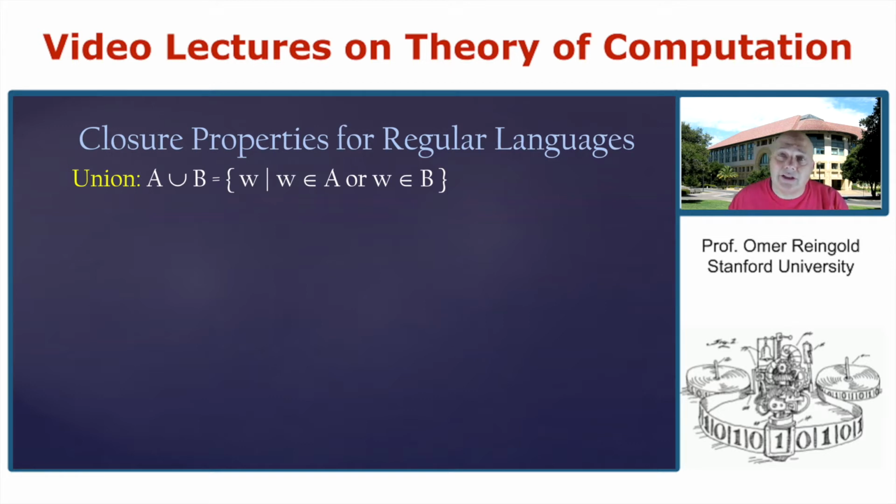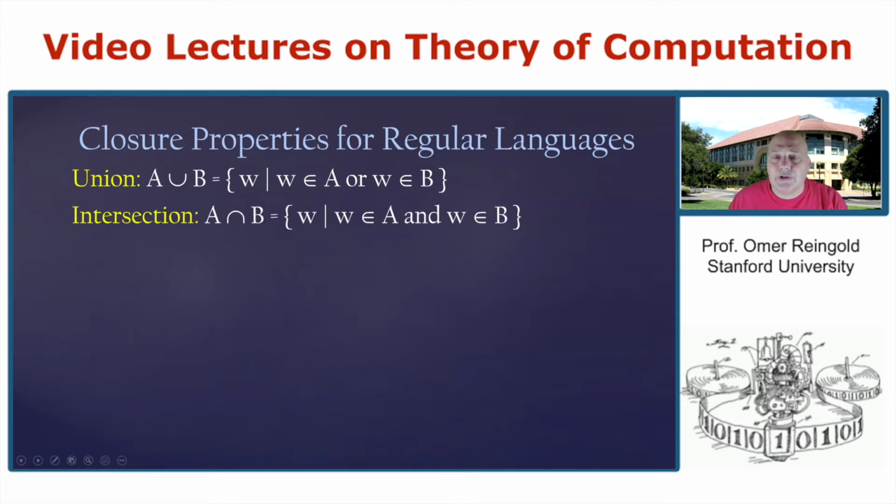We said that languages are subsets of words, and we are just talking about the unions. Similarly, the intersection is words that are both in A and in B. The complement of a language is the set complement of the language: all the words such that they are not in A.